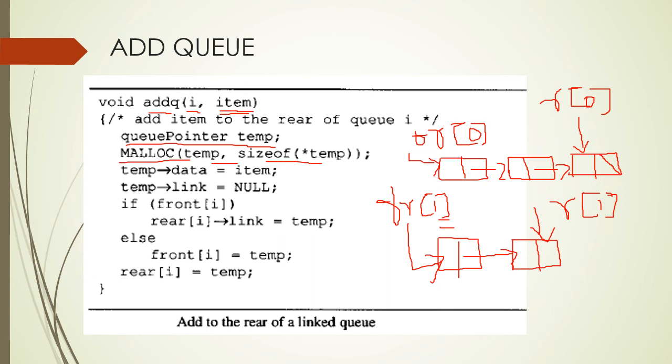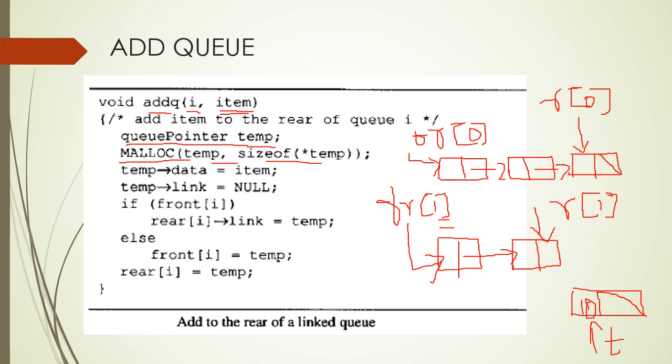The malloc function will create a node with the name temp. This has to be inserted at the rear end of the first queue. So temp of data is equal to item. Assume that item is 10. That's going to be stored in the data field of temp. Then temp of link is equal to null because this is the last node to be inserted at the rear.